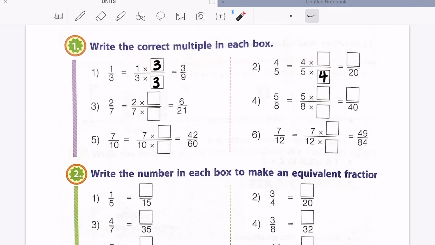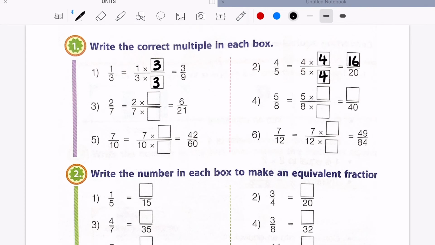Remember, if we multiply the bottom, we have to multiply the top, the same number. So we just write 4 times 4. 4 times 4 equals 16. Let's take a look at the next one.